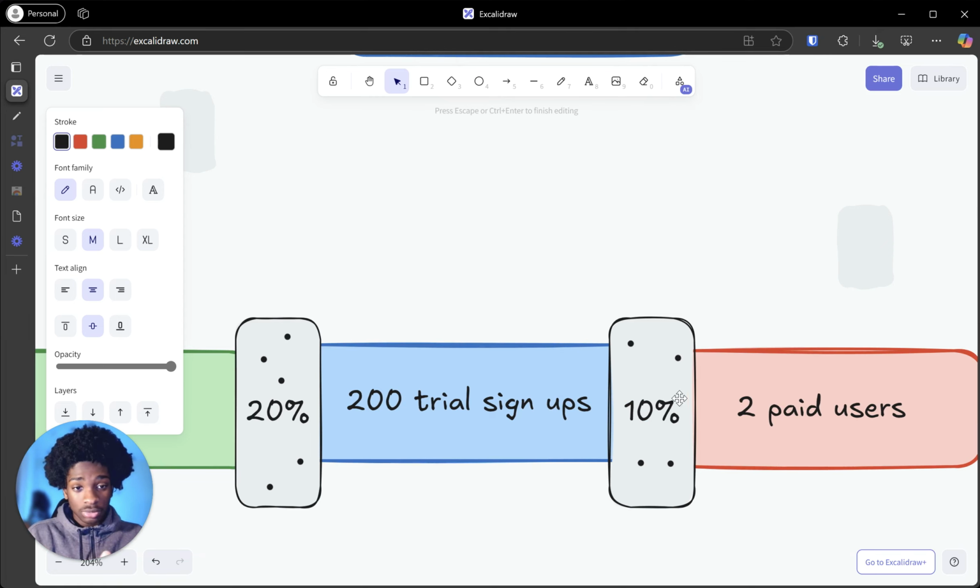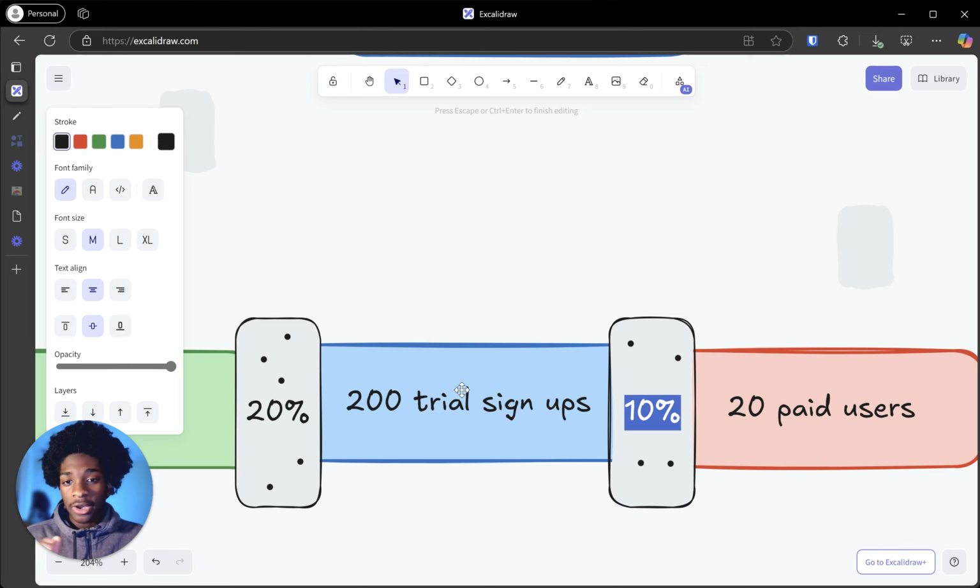Even if that's the only thing you change, the next fitting, which is going from trial to paid, is already bolstered up. From there, you now have 20 paid users at $100 a month, $2,000 per month. Trial to paid conversion rates should usually be higher, because if your product is good, once someone tries it, they should not want to stop using it.